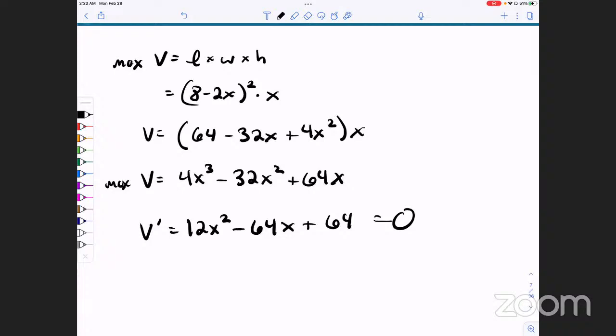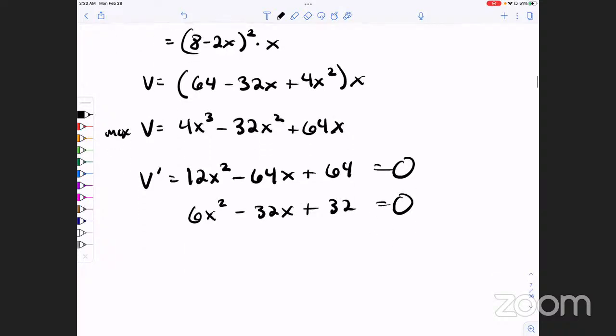Let's divide everything by 2, so then we'll get 6x squared minus 32x plus 32 equals 0. Divide by 2 again, and we'll get 3x squared minus 16x plus 16 equals 0. So then we want to solve this.